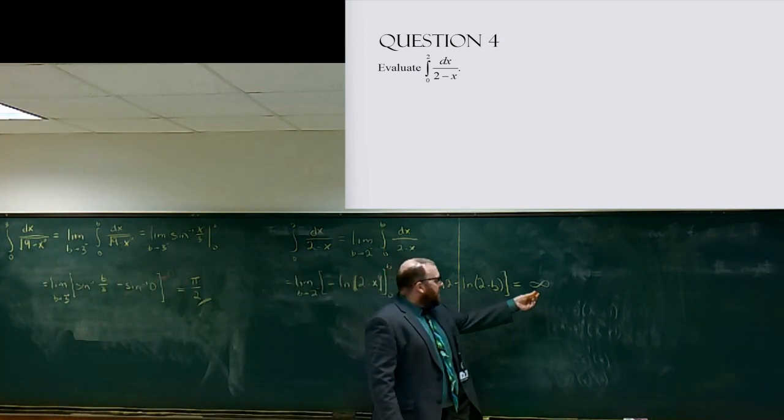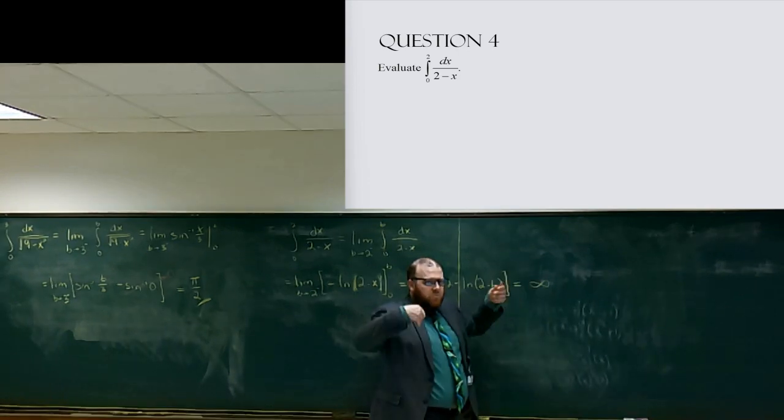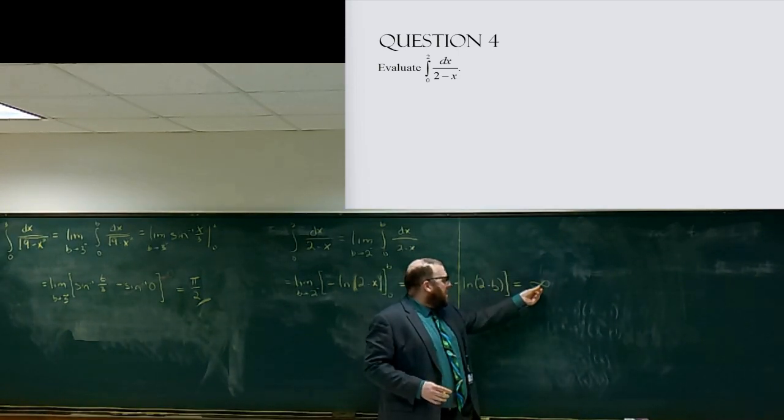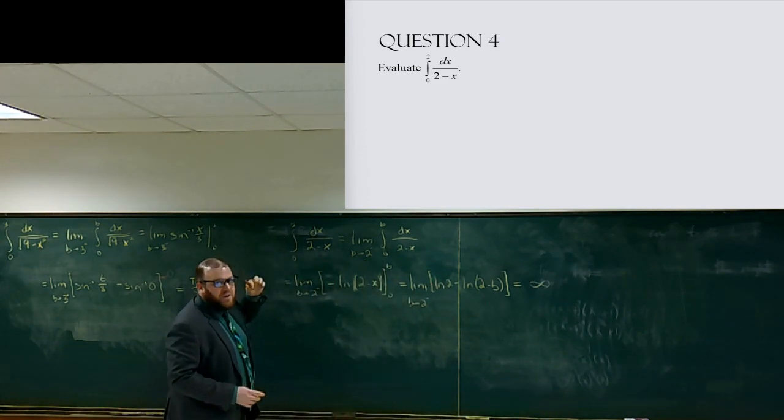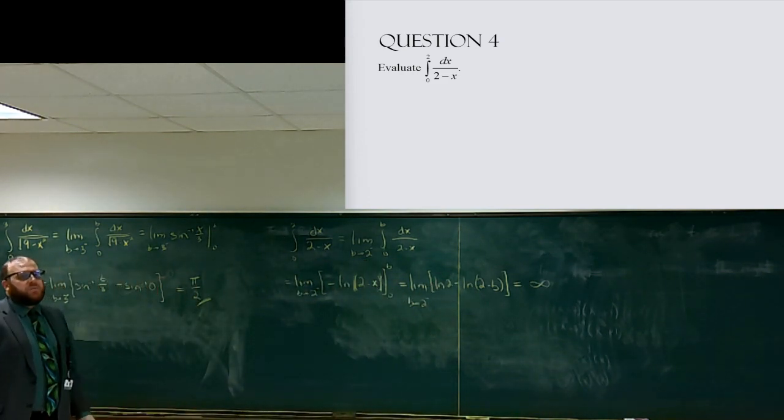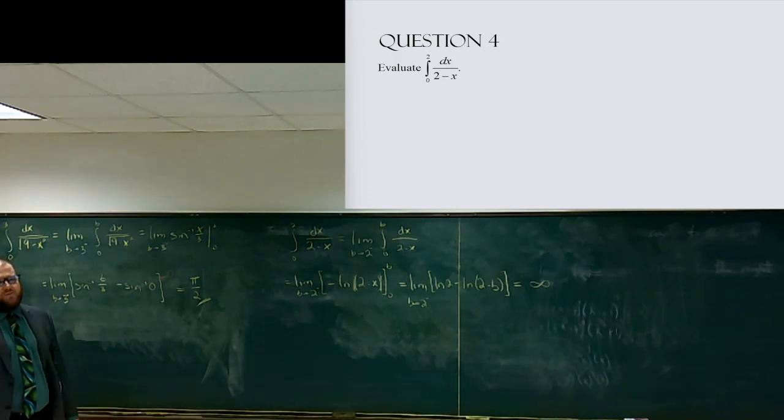Now, even though we write this, because it gives us a better idea of what's actually going on, keep in mind this still means the limit does not exist. It means our integral diverges. Specifically, in this case, we would say it diverges to infinity.